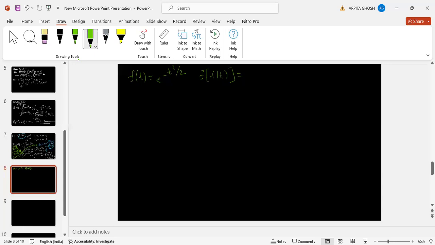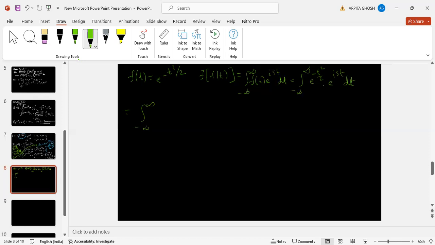So its Fourier transform will be minus infinity to plus infinity f(t) into e to the power ist dt. The function is e to the power minus t square by 2 into e to the power ist dt. So this is equal to minus infinity to plus infinity of e to the power minus t square by 2.